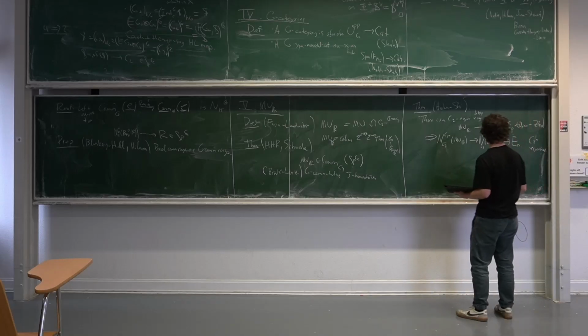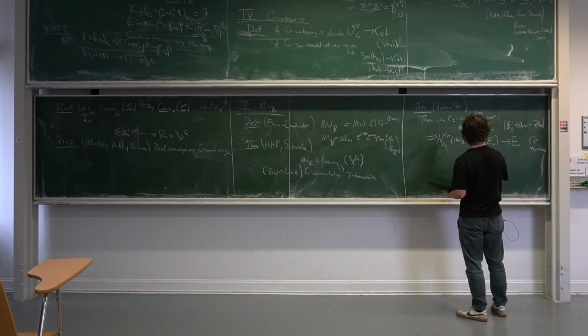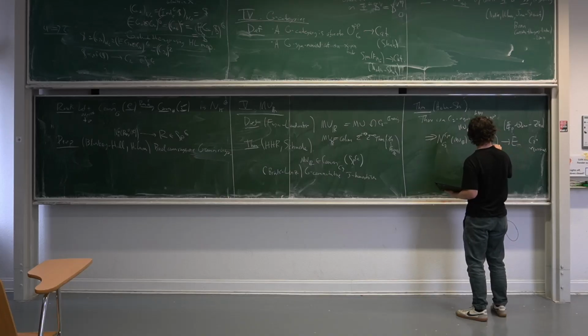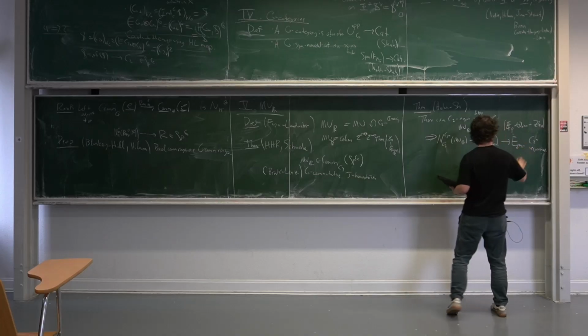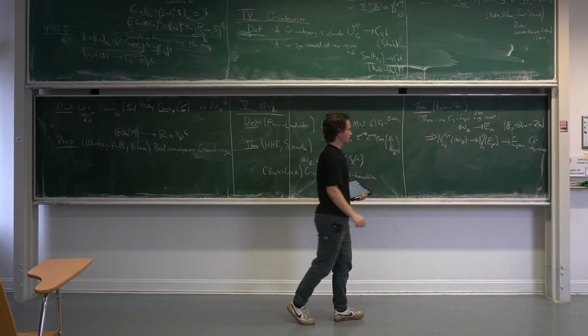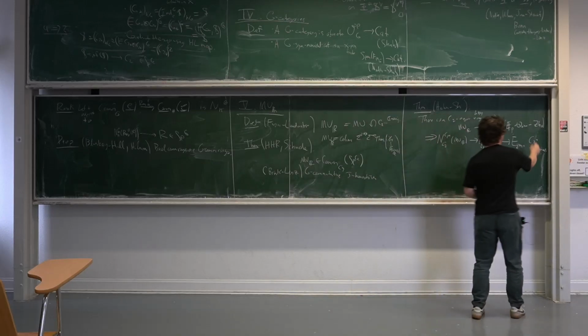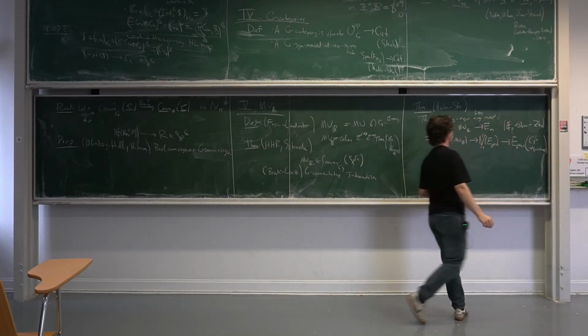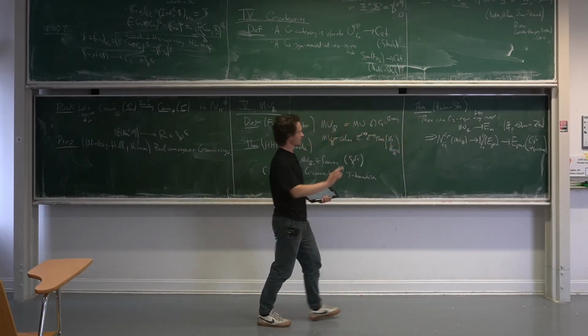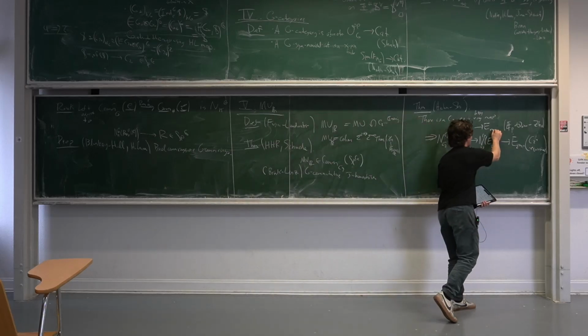So let me put n's here in the right spot. Here I really want to take our n's to be 2^(n-1), where we have the C2^n subgroup in the Morava stabilizer group. Okay, so this is for any m, let's say.